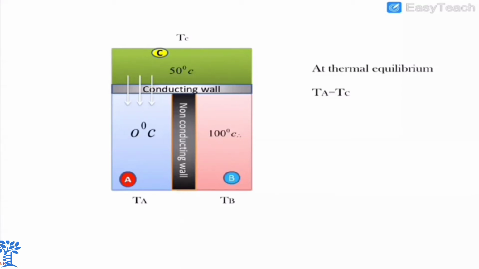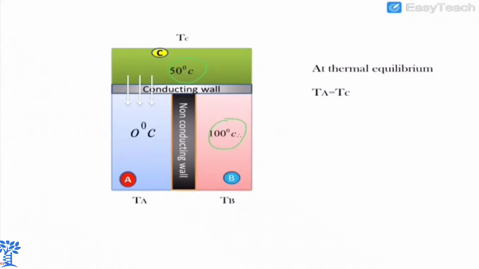The temperature of the system B is 100 degrees Celsius and the temperature of the system C is 50 degrees Celsius. The systems A and B are separated by a non-conducting wall. That means there is no exchange of heat between A and B. But the system B is connected with C by using a conducting wall.